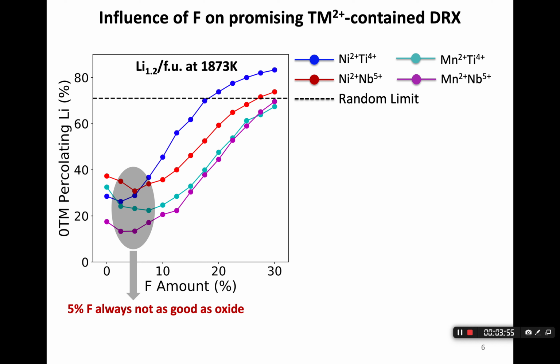And then if you keep increasing the amount of fluorination, you will reach a very high amount of percolating lithium at over 20% fluorination. That indicates that if you heavily fluorinate disordered rocksalt oxide, you're probably going to end up with very good kinetics.